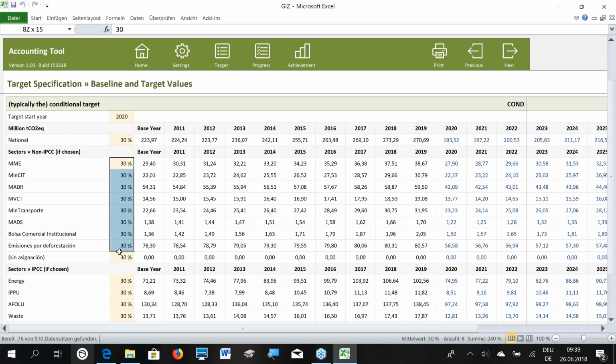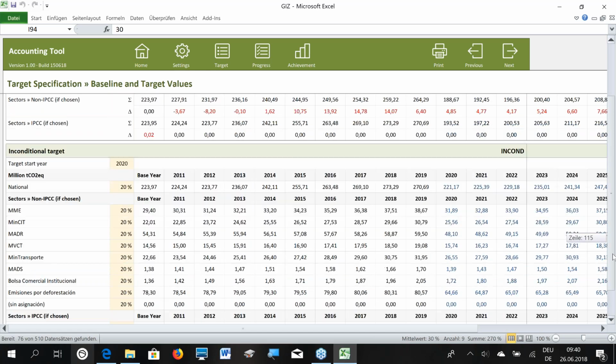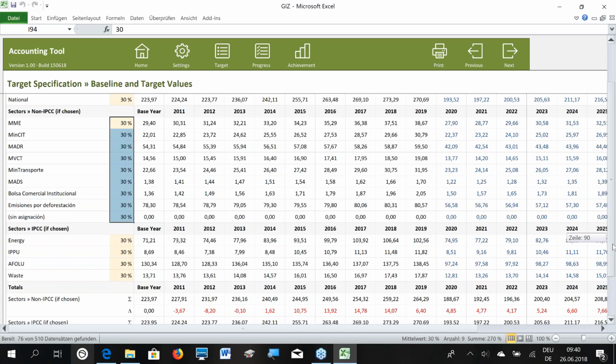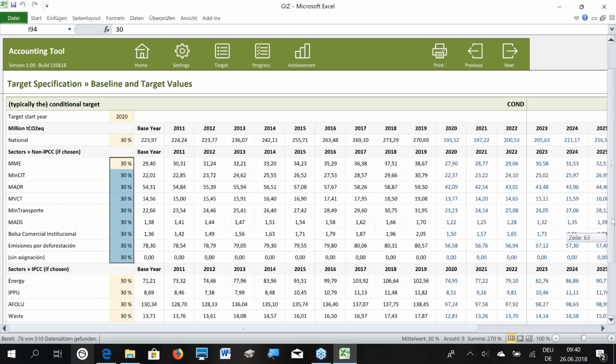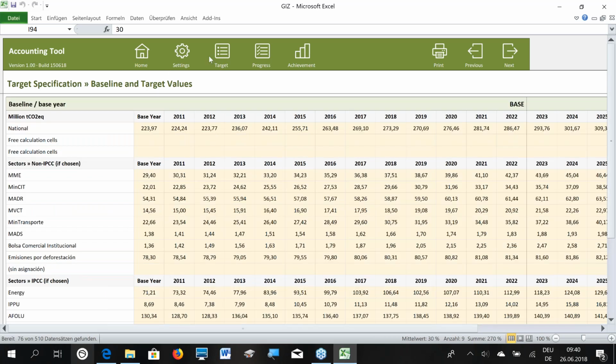Whether the percentage numbers or the absolute numbers are editable depends on the selection you've made in settings. But generally this option exists, and it just facilitates the calculation. So you have the conditional target, you have the unconditional target. That's all the targets that have been chosen by the user in this example. And with this, we've already filled all the target data.